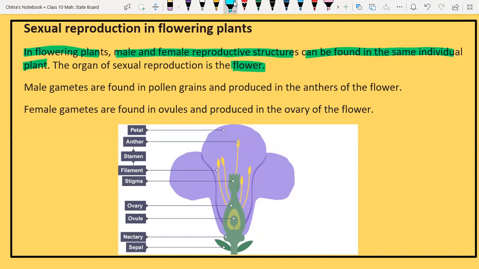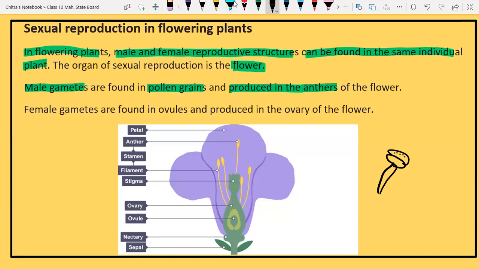Here we have male gametes found in pollen grains. Very important: male gametes of the plant are found in pollen grains and produced in the anther. So I'm just going to draw the anther over here. Anther generally is a bilobed structure like this.